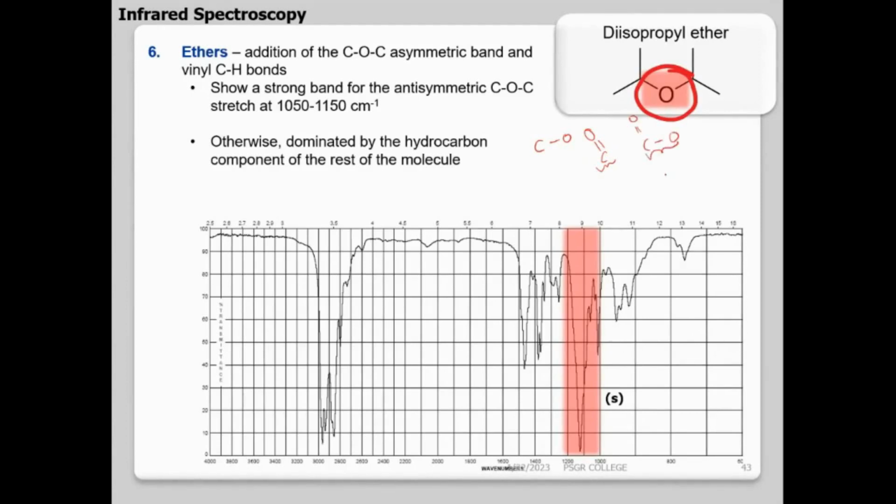Ester, very good. And anhydride. Alcohol, very good. Alcohol CO, acid CO. Ether CO.